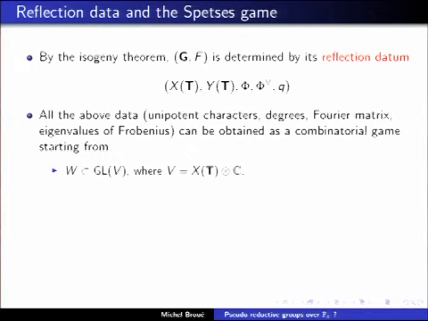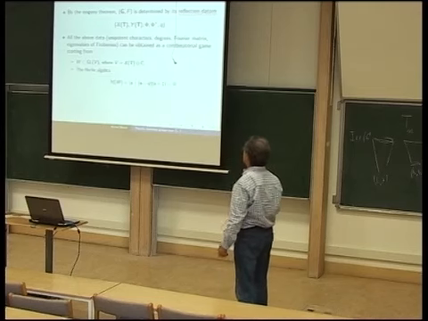Okay. Of course, if you start to play this game starting with a complex reflection group V and try to construct something, then the group and its dual will be distinct as long as the complex reflection group is not real. All right.